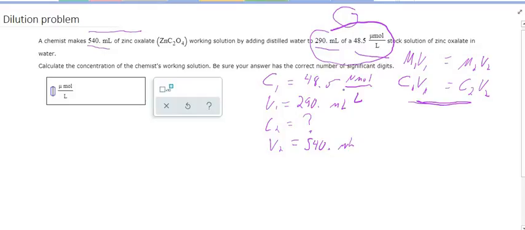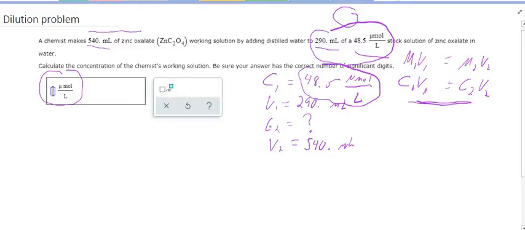Now, because this is simple ratioing that we're going to do, you can leave the concentration in whatever units they give it to you. We can stick with micromolar. In fact, you can see that it wants the answer in micromoles per liter, or micromolar.